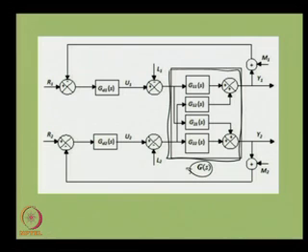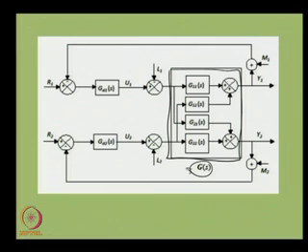If a plant is subjected to interactions from different internal loops, that type of process or plant is known as a multivariable or 2 input, 2 output plant. These 2 input, 2 output plants can be extended to multivariable plants with lots of interactions within the system.